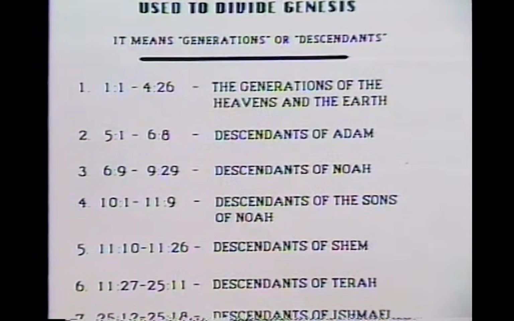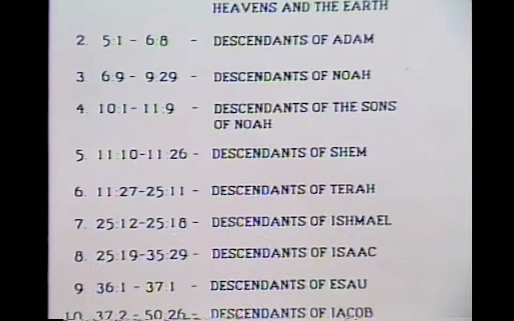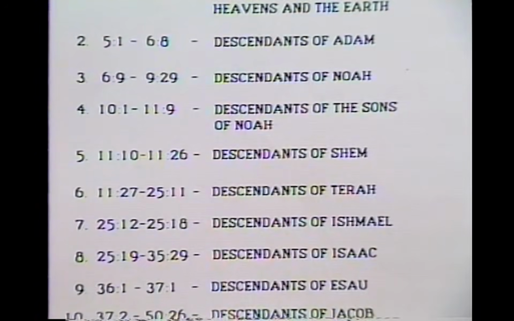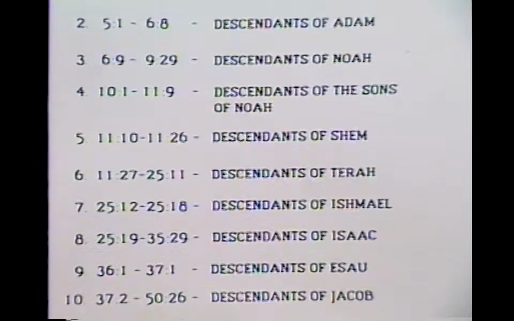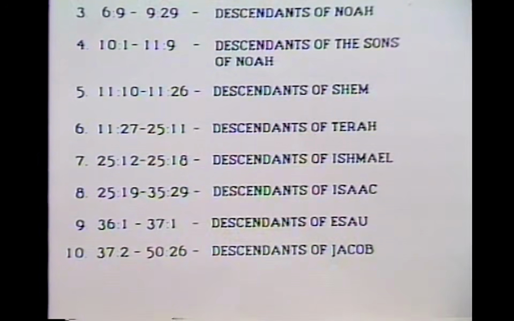All right, and then we'll go yet to one more chart and look at various ways that we can do this as we scan the remaining part of the breakdown of the book of Genesis, finally ending in chapter 15, verse 26 with the descendants of Jacob. All right, so 10 divisions, all based on this particular word, Toledot.